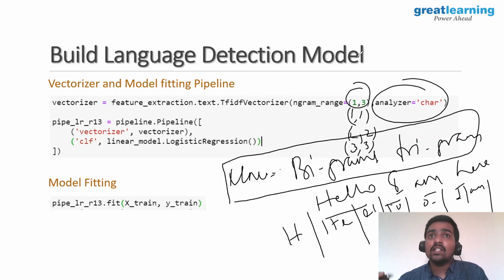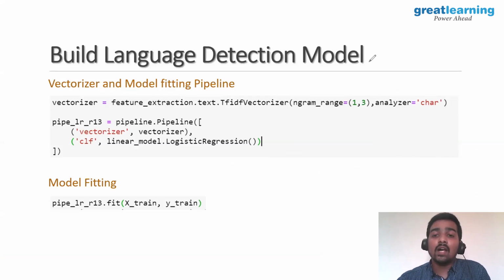Okay, we are taking each and every character into consideration and then converting this text into features. The features of 1, 3 mean unigram, bigram, and trigram features all together. There might be an increase in the features, all right, but this is helping our model to classify very accurately.